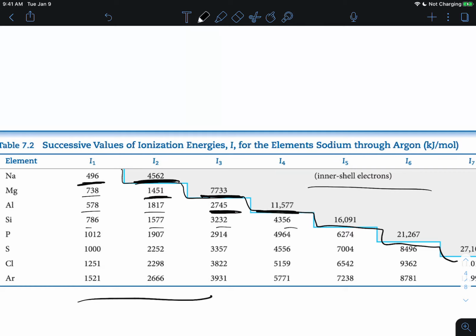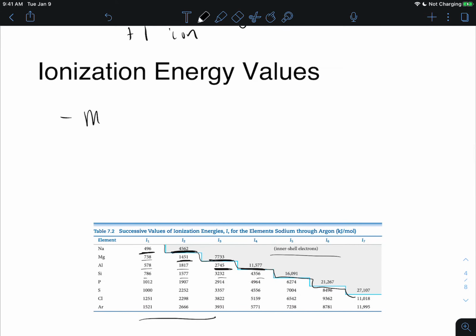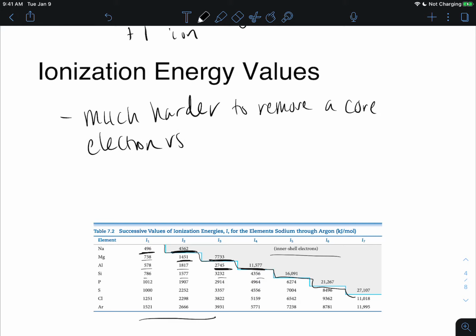It's much harder to remove a core electron versus a valence electron. Requires a lot more energy.